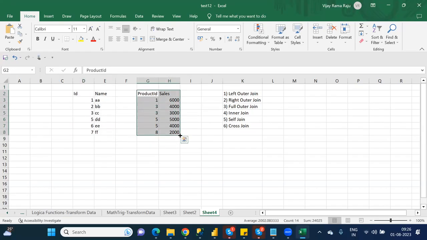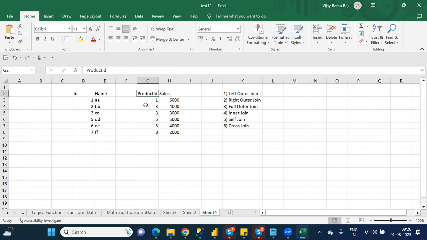Here, the ID column has similar values to the product ID, right? By seeing that, you will understand which is the common column. We can call this the common column.